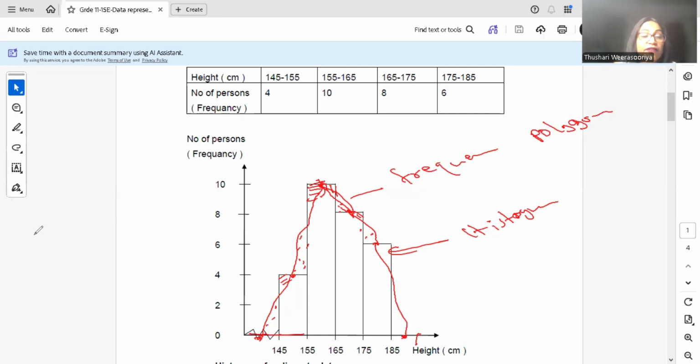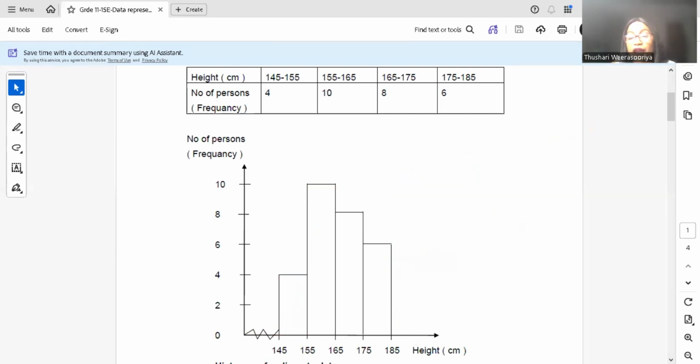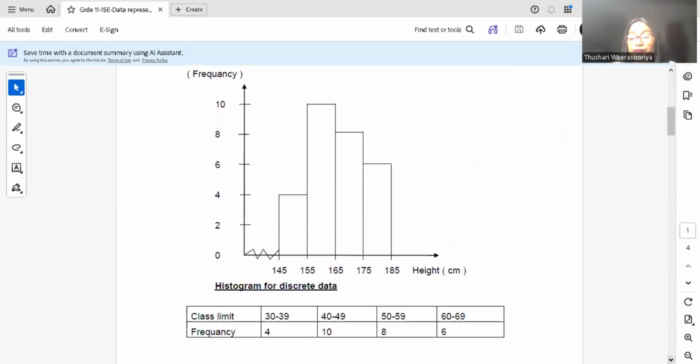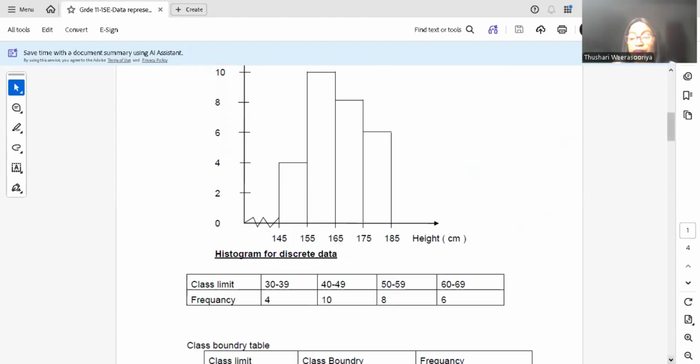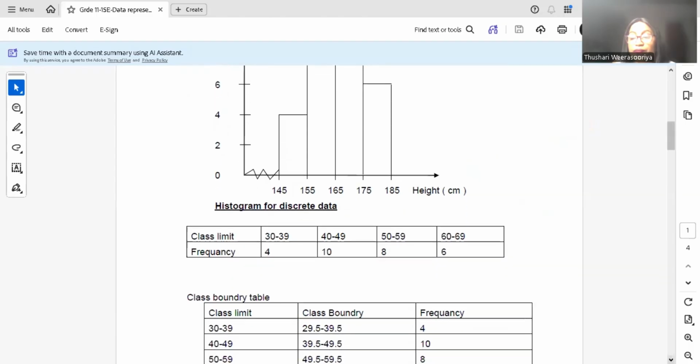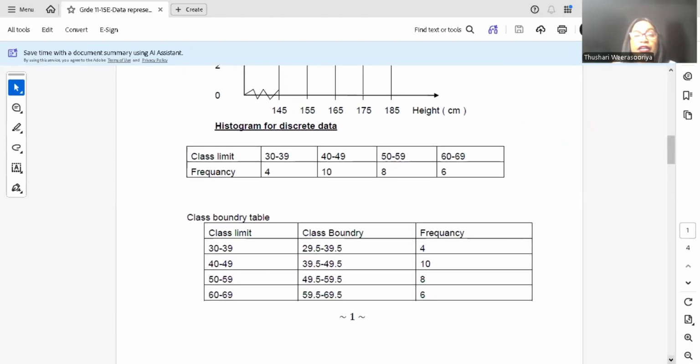Now, we'll go to the next type of histogram. That was the basic type, the first type. The next type is the histogram for discrete data.